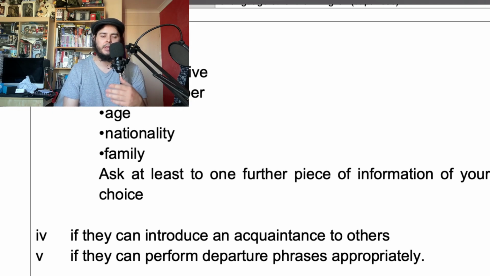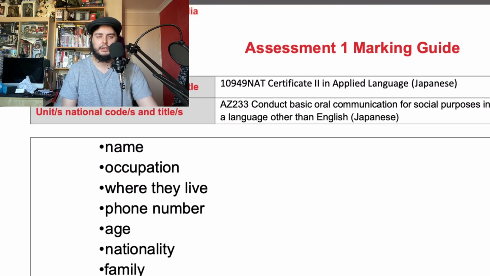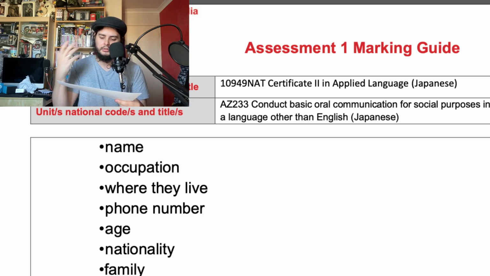So if I was just going off my own personal info for a couple of these questions here, for name, for example, the way I would probably introduce myself is: Hajimemashite, watashi wa Zachary desu. Dozo yoroshiku onegaishimasu.